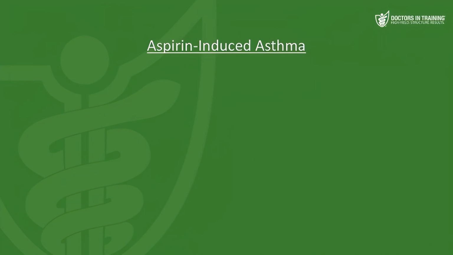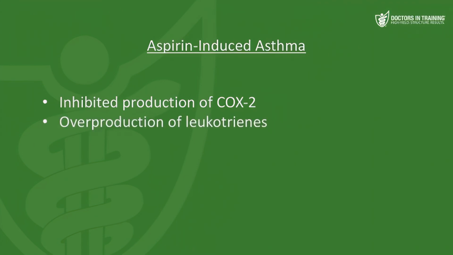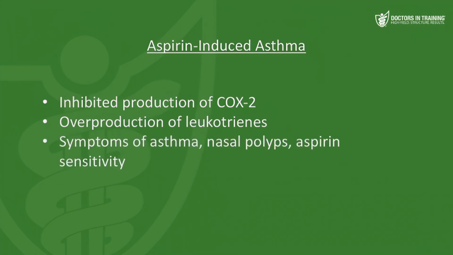Aspirin-induced asthma basically occurs because there's inhibited production of COX-2 by the aspirin. This leads to overproduction of the leukotrienes, and as a byproduct, the patients will have symptoms of asthma, nasal polyps, and aspirin hypersensitivity.